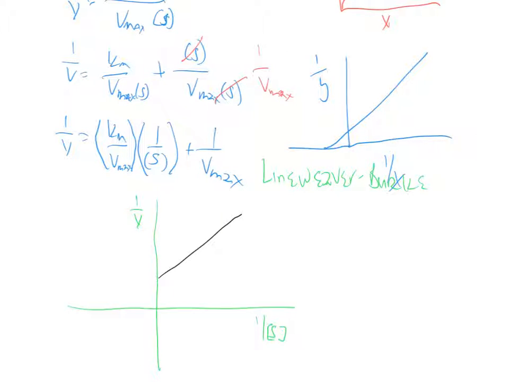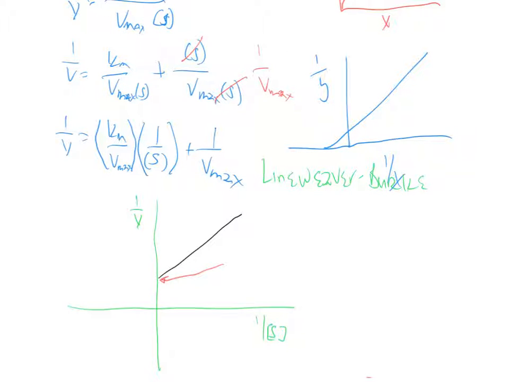Okay. So I want to point out a couple things. The y-intercept, if you think back to algebra, is when x is equal to 0, meaning 1 over the concentration of substrate is 0. So if that's 0, all of this cancels out.